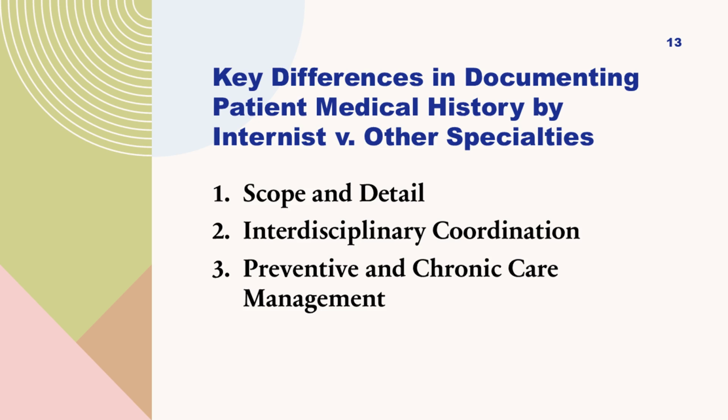The history often requires integration of multiple comorbidities and a holistic view of the patient's health. Other specialties may focus more narrowly on specific systems or conditions relevant to their field. For example, cardiology might emphasize cardiac history, while dermatology may focus primarily on skin-related issues.